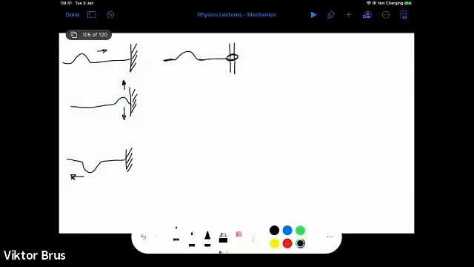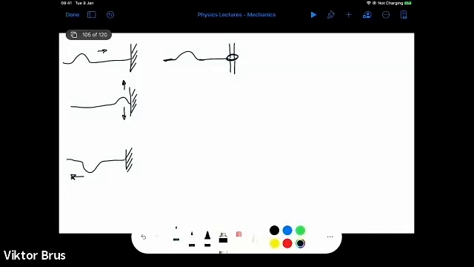Then we don't have the condition that the point where the string is fixed is firmly fixed to a support. So this support can move together with the end of the string.